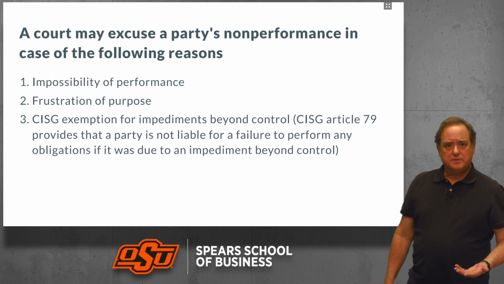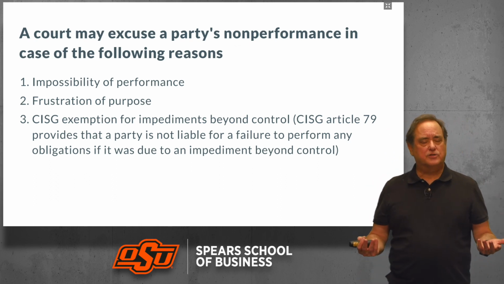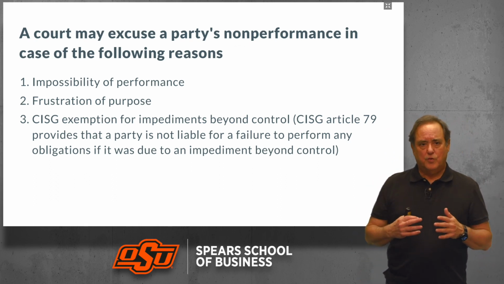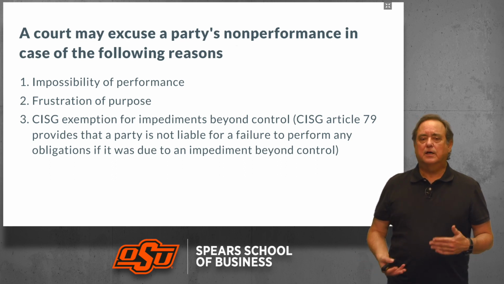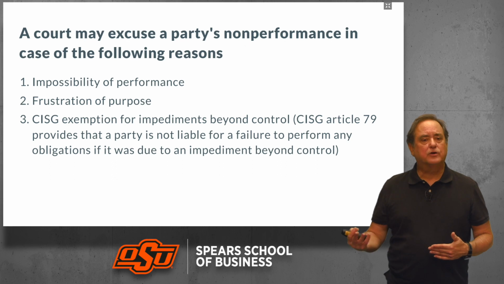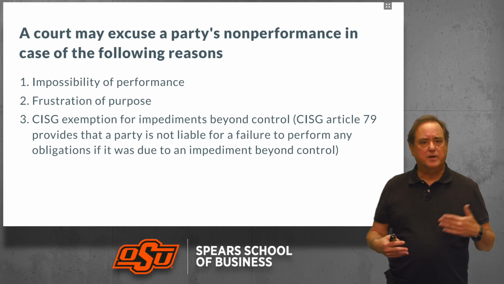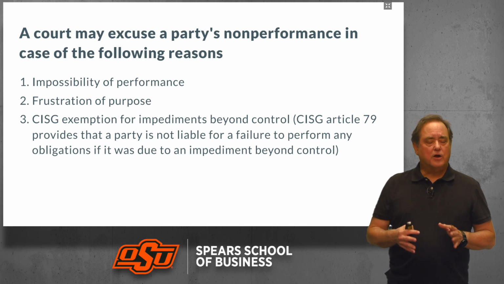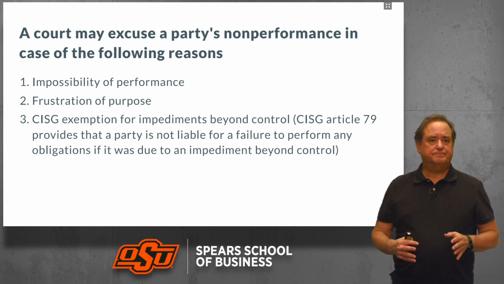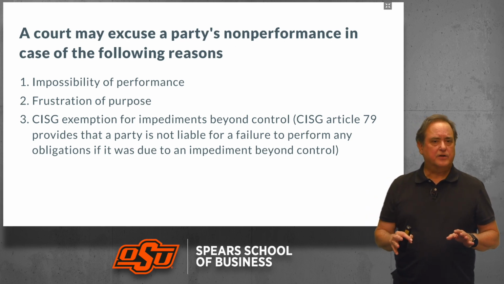Frustration of purpose, meaning the point of the contract is lost. The reason that we entered into the contract is lost. If there were technical goods and then the technical goods become no longer useful, one could argue frustration. I'm not going to really cover that on your test. That's a very gray area.